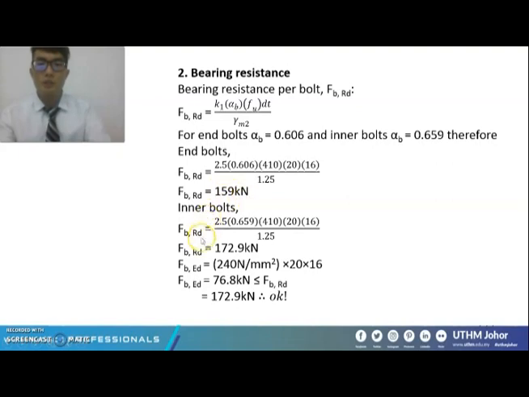For the inner bolts we get 172.9 kilonewtons. Then we compare with Fb,Ed. Fb,Ed is equal to 240 Newton per millimeter square multiplied by the 20 multiplied by 16 t. Then we calculated 76.8 kilonewtons, which is less than or equal to Fb,Rd equal to 172.9 kilonewtons.